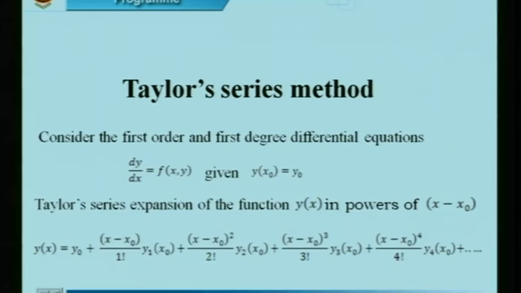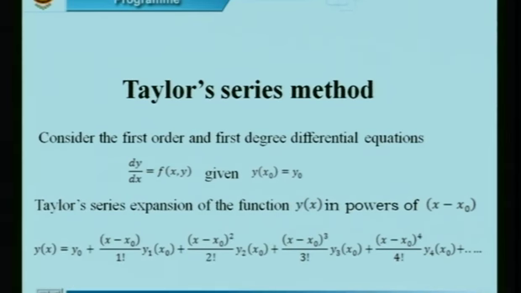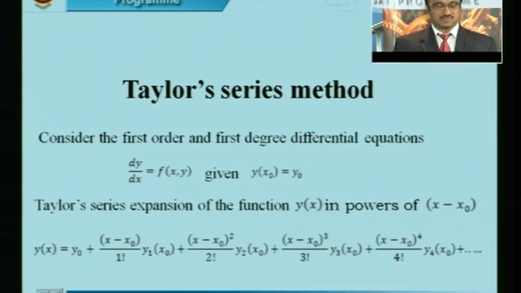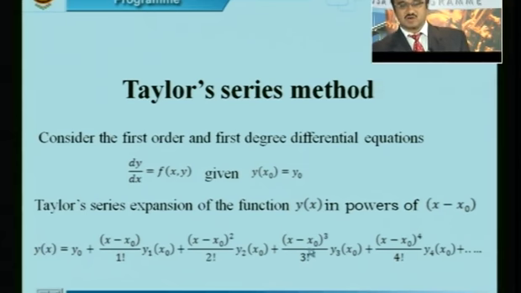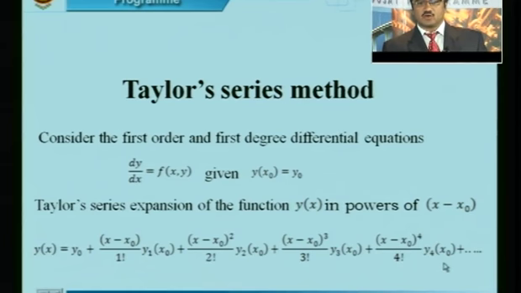The Taylor series expansion of a function y of x in powers of x minus x naught can be defined as follows: y of x equal to y naught plus x minus x naught by 1 factorial y1 of x naught plus x minus x naught whole square by 2 factorial y2 of x naught plus x minus x naught whole cube by 3 factorial y3 of x naught plus x minus x naught whole power 4 by 4 factorial into y4 of x naught.